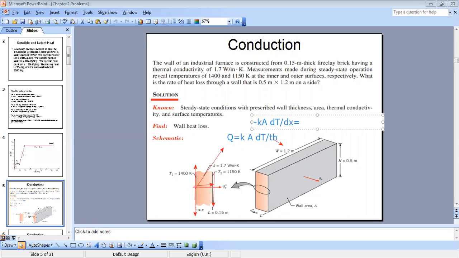It's equal to a constant, and because it's a constant, dT by dx is constant. This is why we can say that the variation of conduction is linear.